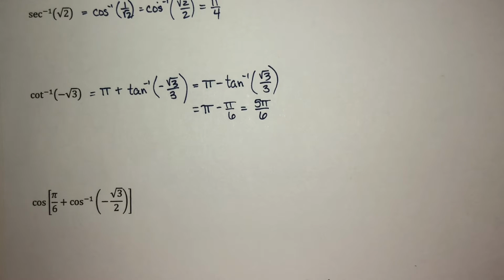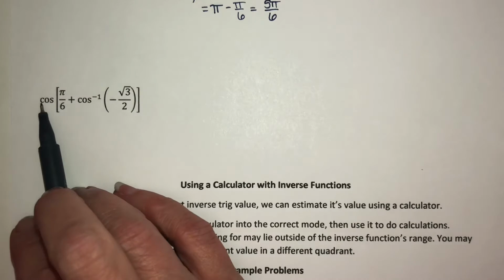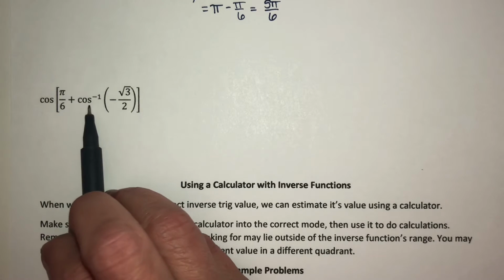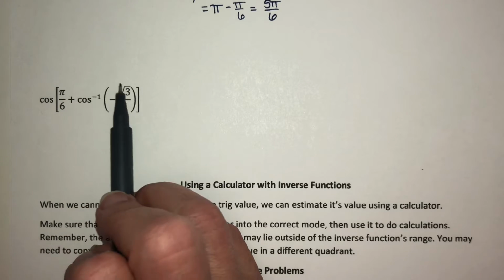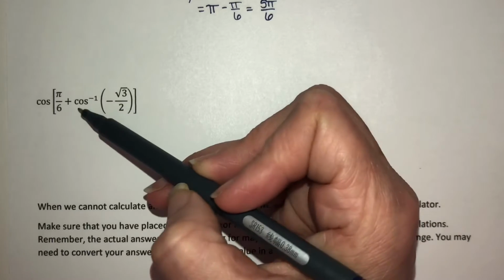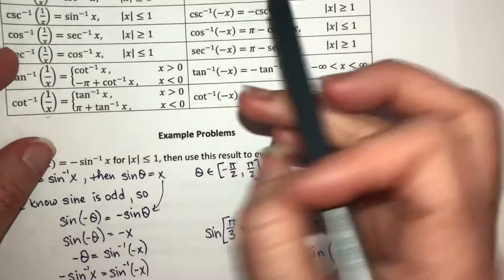Okay? All right, so now let's do cosine of pi over 6 plus inverse cosine of negative square root 3 over 2. So if I have cosine inverse of a negative number, what can I do?